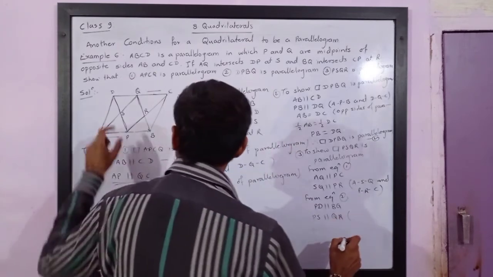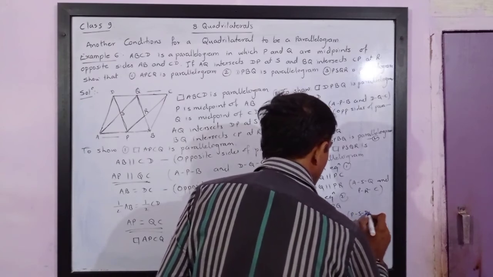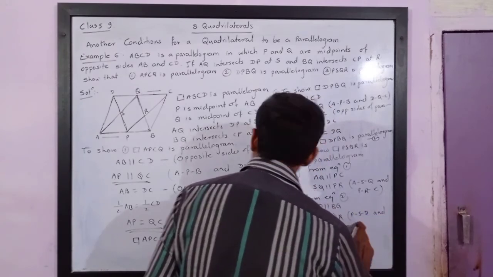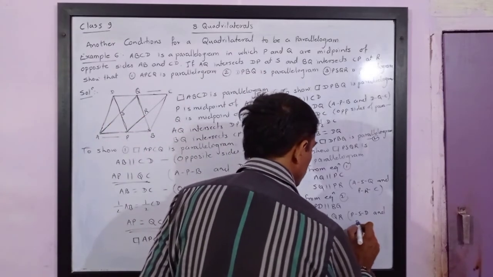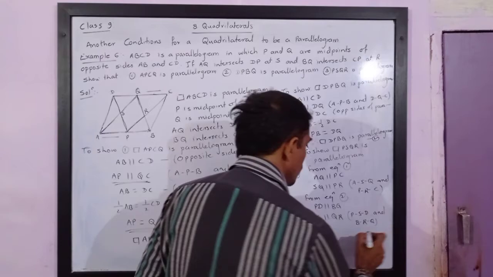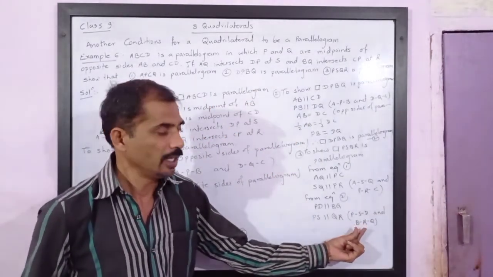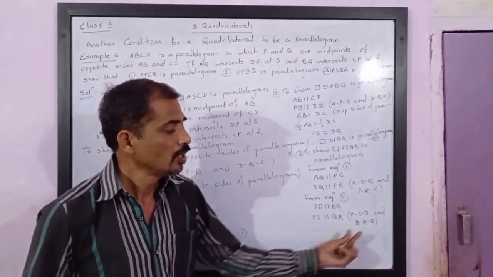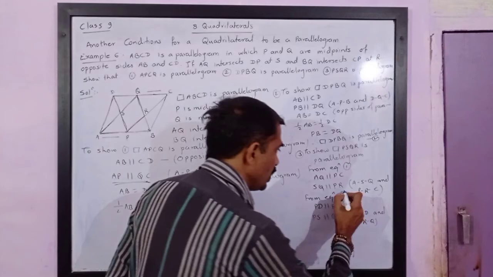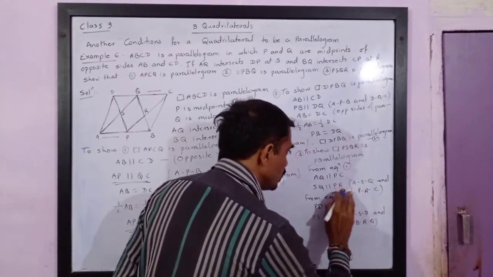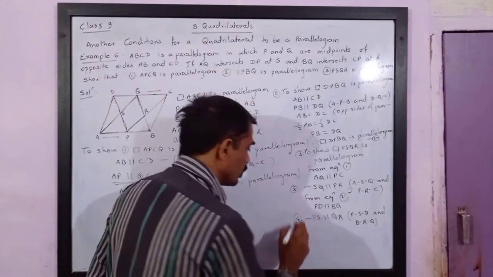Reason is again S is between P and D, and R is between B and Q. So this is parallel. Now watch carefully. I am giving this equation number 3 and this equation number 4.